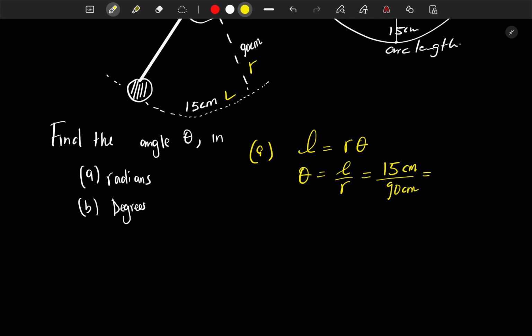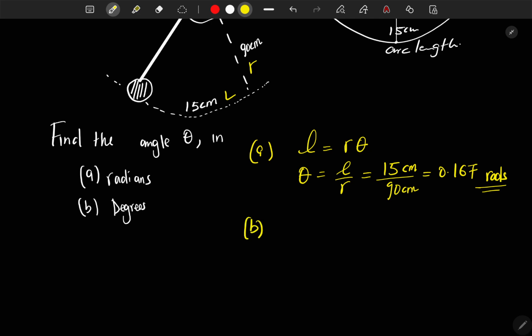So 15 we divide by 90. I'm getting 0.16666, but this will be 0.167. Is this in radians or in degrees? So actually this is in rads. If you use this formula to find the arc length, you are actually finding theta in radians.